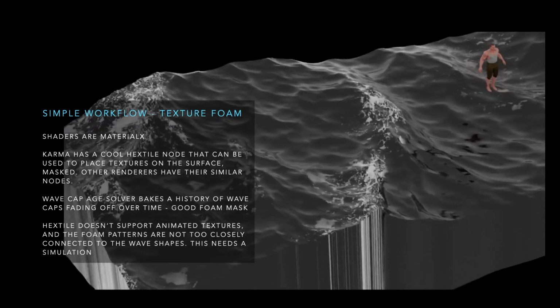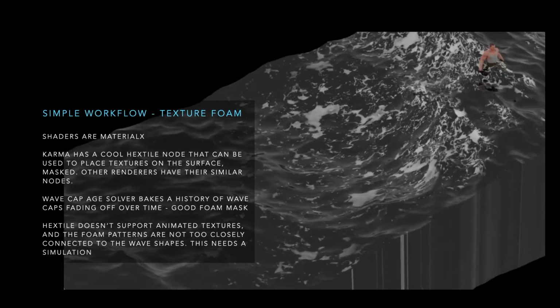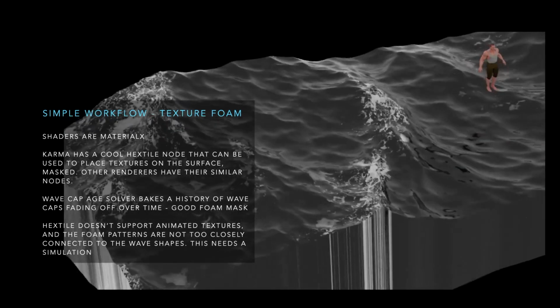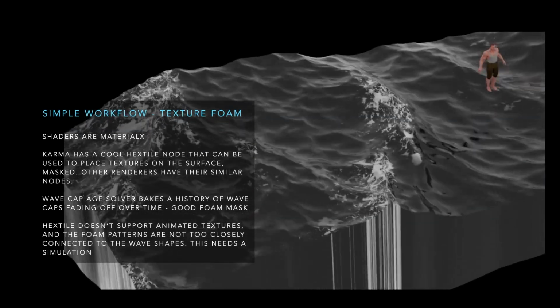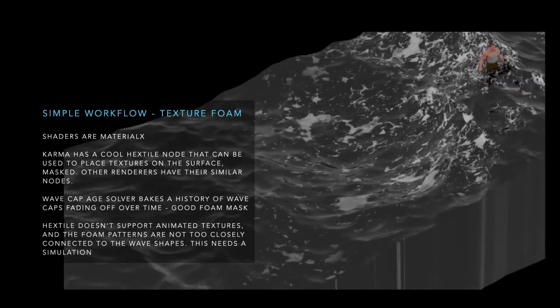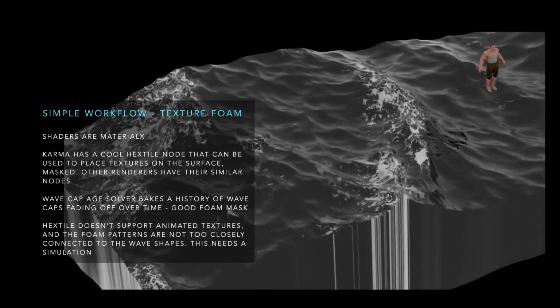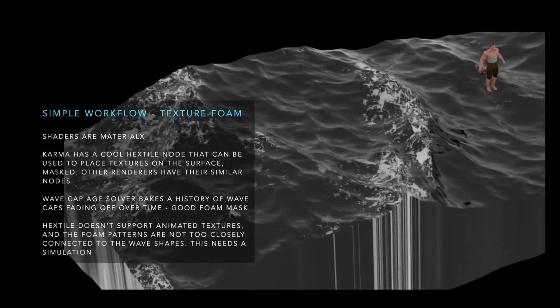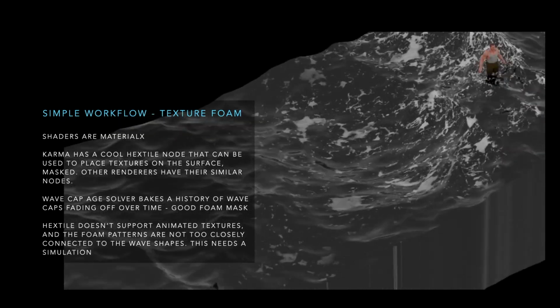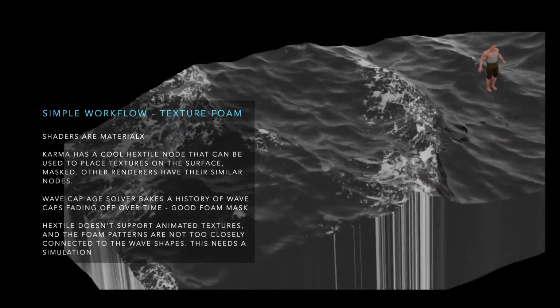So this is a way to scatter the foam cells, but of course you also need to make them appear and then gradually fade out. To do that, we have a very simple Solver, which takes the crest attribute of the low resolution water surface, and it ages it.